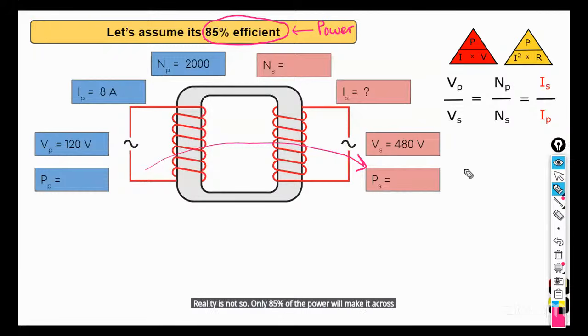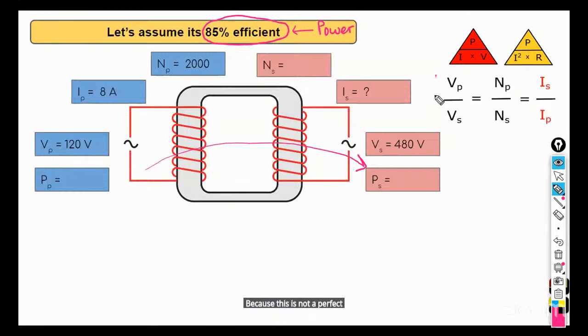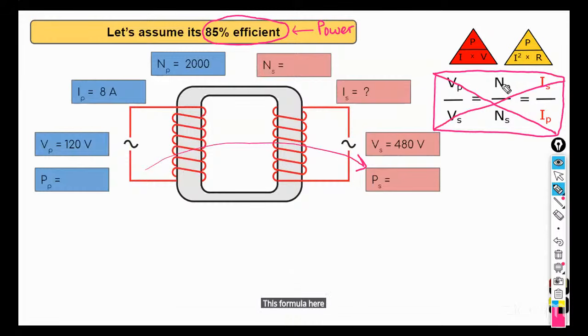Now, here's the thing. Because this is not a perfect transformer, you see this portion of the formula here, you're never allowed to use it. You know why? This formula only works for a perfect transformer.